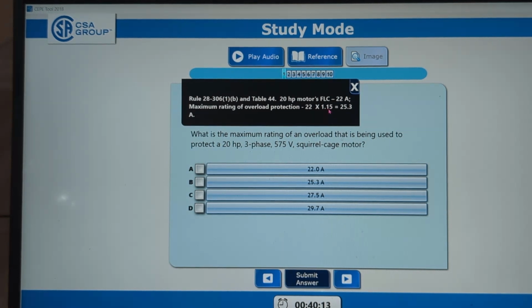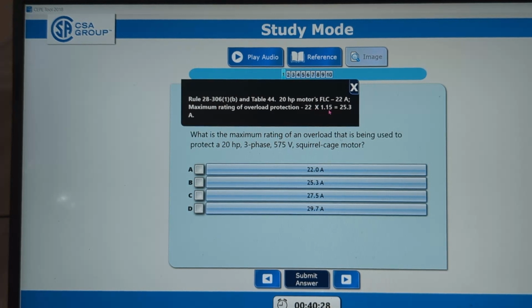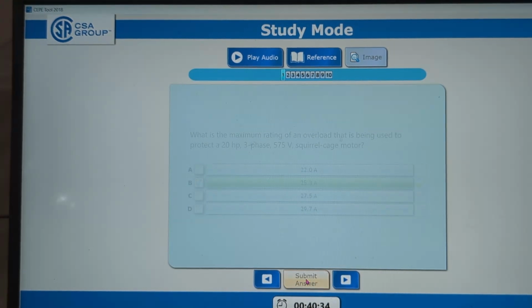So we multiply by 1.15, because if the service factor is less than 1.15 or not given, then we multiply full load current by 1.15. Remember? So that's why the answer will be 25.3. Correct answer.